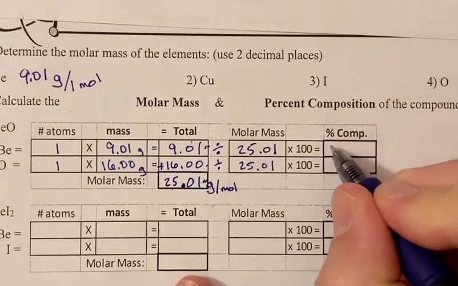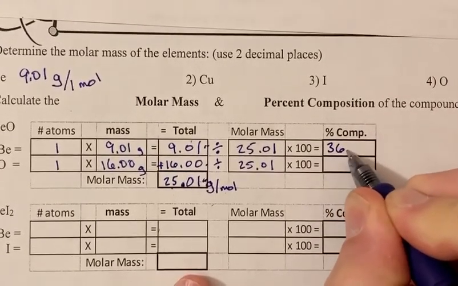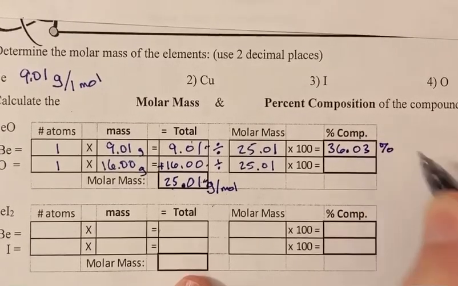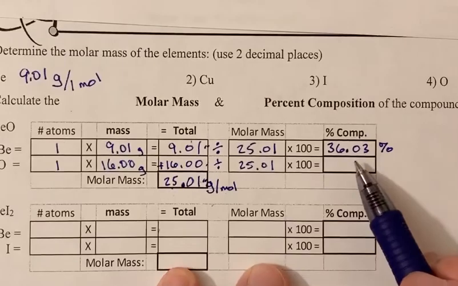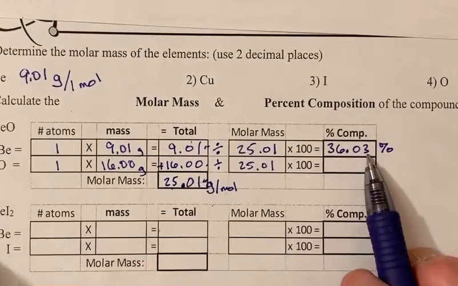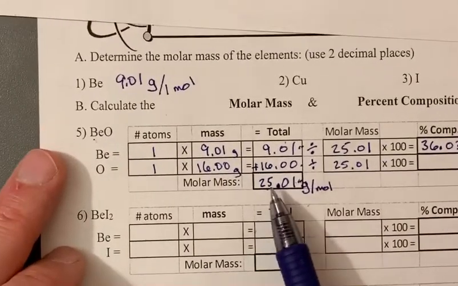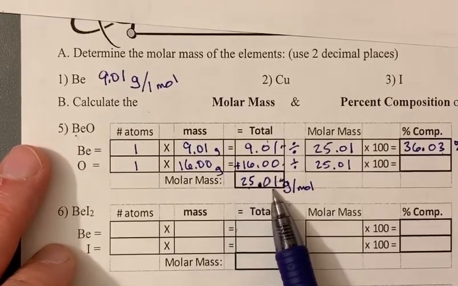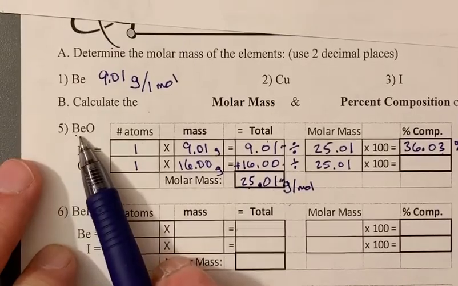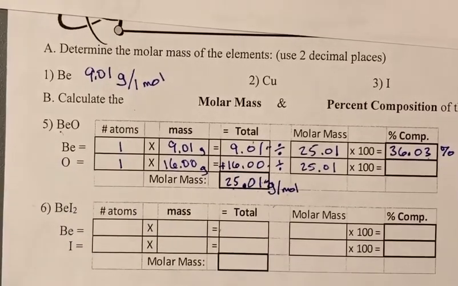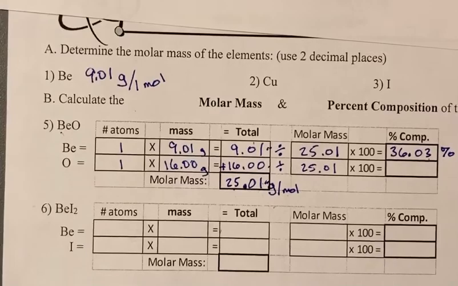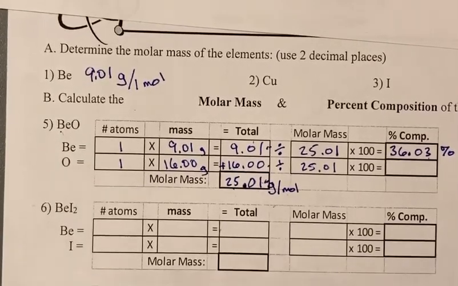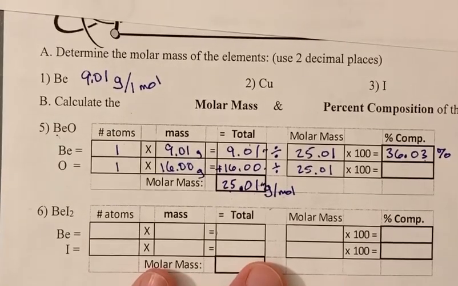We get 36.03%. So 36.03% of this 25.01 grams is beryllium. Well, what about the other? Well, that's oxygen, so we do 16 divided by 25.01. And we see, got to multiply times 100.